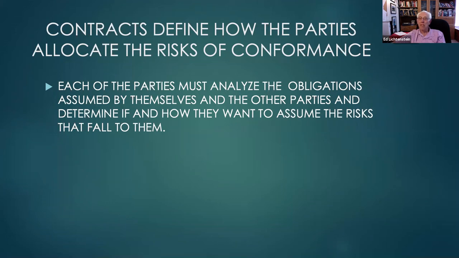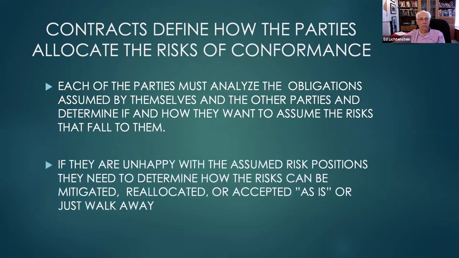It's always a conscious decision. You can consciously decide to assume all the risk in the world, but you should know you're doing that. In business, that's critical. If you are unhappy with the assumed risks that the contract or the job looks to have, then you need to think about how it can be mitigated.